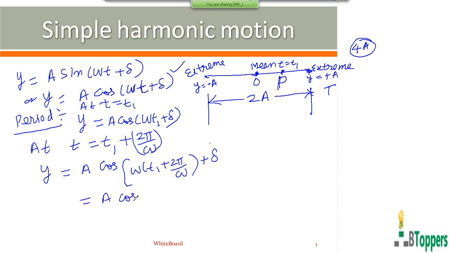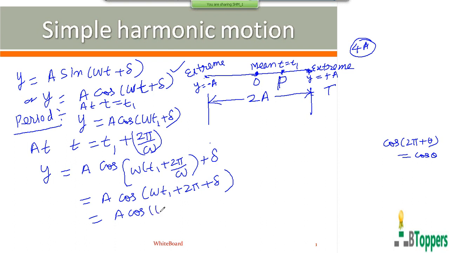With this you get a cos(omega t1 plus 2 pi plus delta). Cos of (2 pi radian plus theta), or cos of (360 degrees plus theta), is equal to cos theta. So this will be equal to a cos(omega t1 plus delta). That means you can observe that these two are the same.